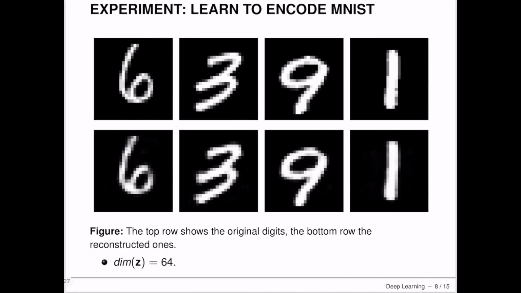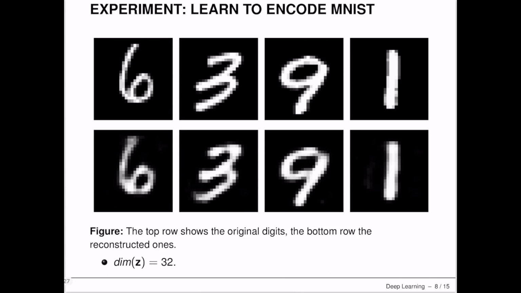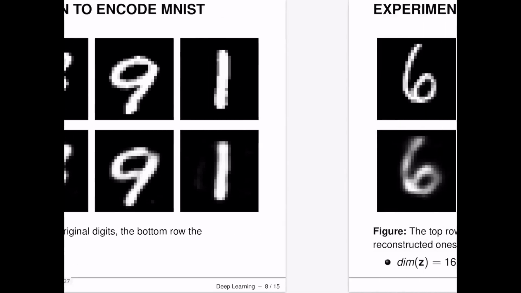If we further decrease our hidden neurons, now for 64, we still get super good reconstructions, where we have to look for the differences. With 32, the digits get a little bit blurry like here, but it's still quite good to interpret, or clearly to see which digit each image shows.